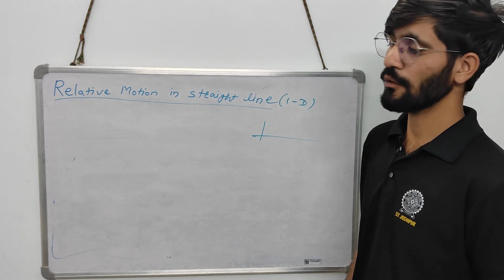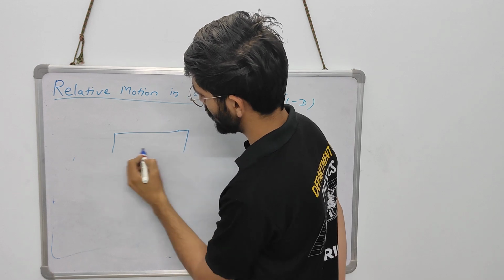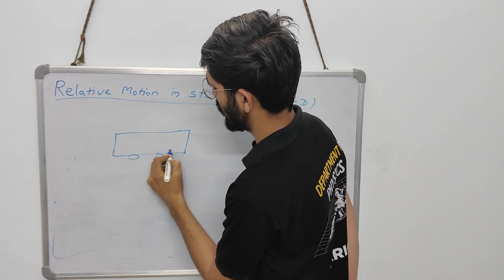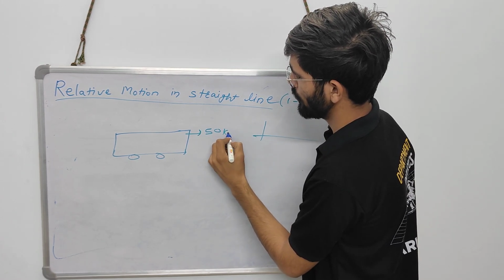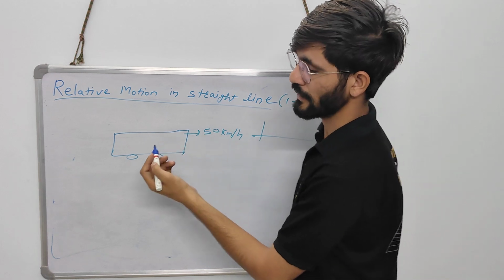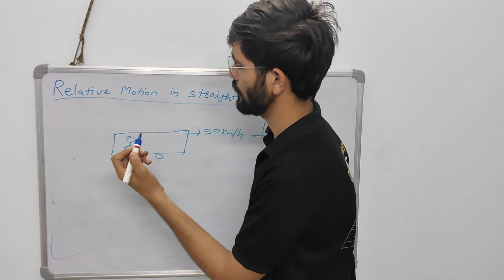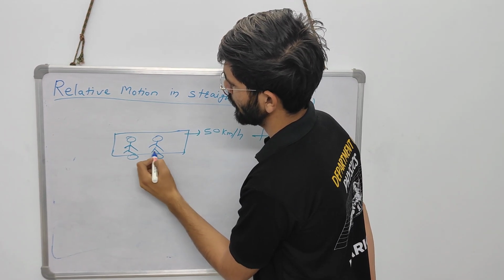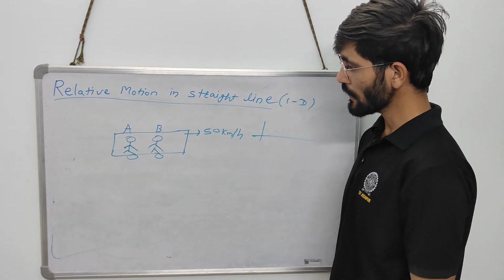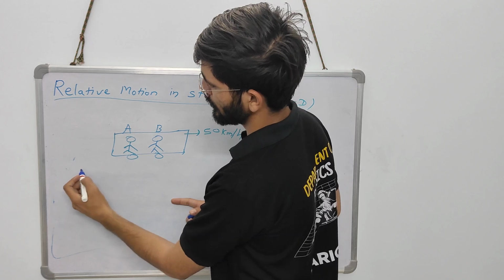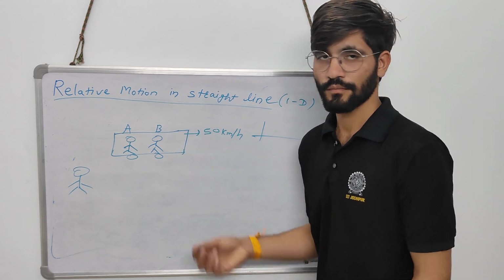First I would like to take an example. Let's say there is a moving bus which is moving with a velocity of 50 kilometer per hour, and there are two passengers inside it, A and B. This is A and this person is B. And there is a third person on the ground observing the bus.